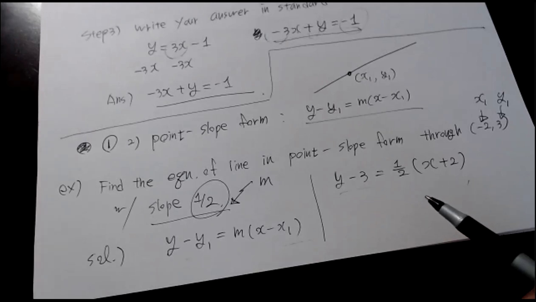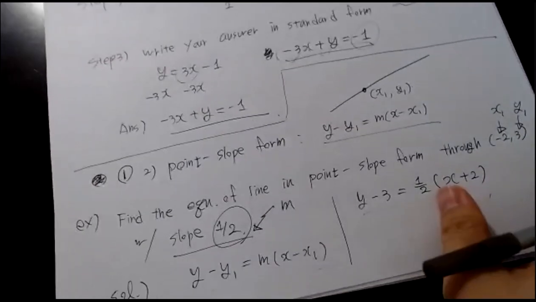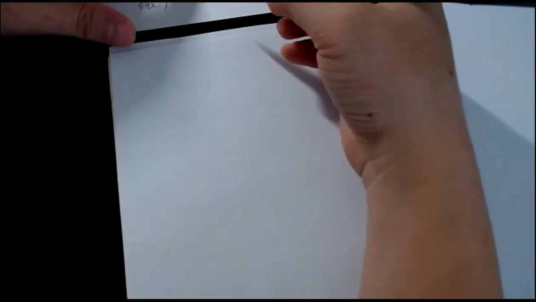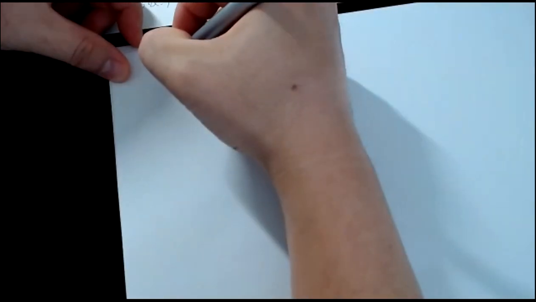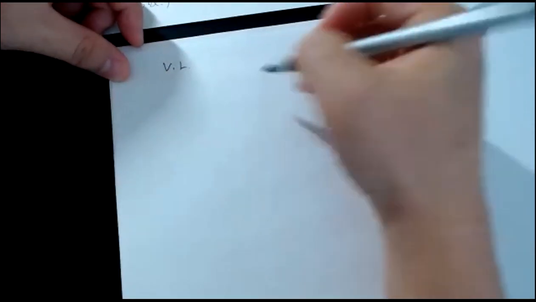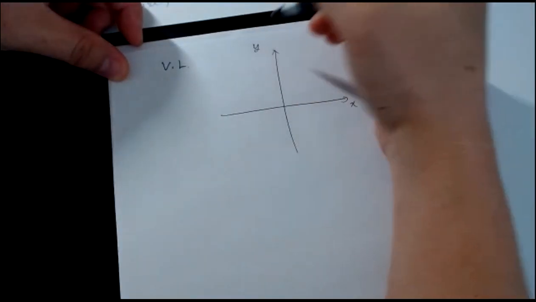So now next, let's figure out the equation of a vertical line and a horizontal line. Okay, it's quite simple. So think about this. The vertical line, VL, given a Cartesian coordinate system.